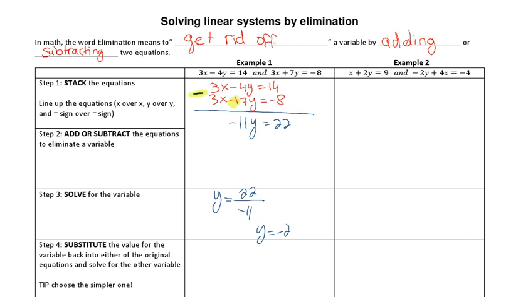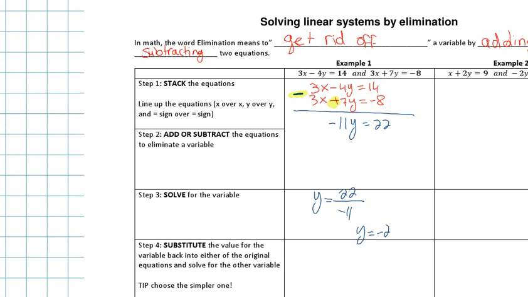Remember that when I'm doing elimination, I'm looking for that point of intersection, right? What I'm doing here is I'm looking, when do these two lines, the 3x minus 4y equals 14 and 3x plus 7y equals -8, are equal to each other. They're intersecting, right? So I'm looking for the POI, and the POI has what values?